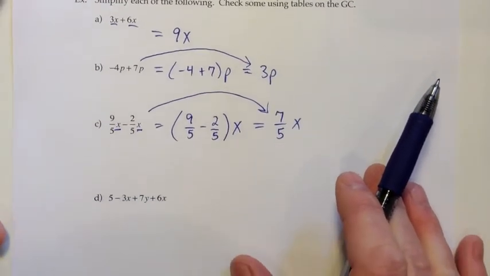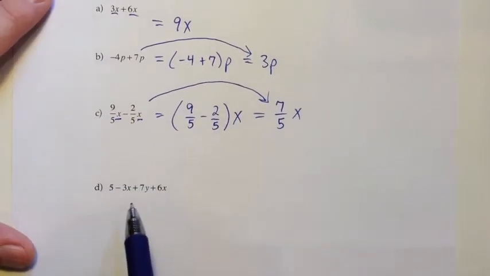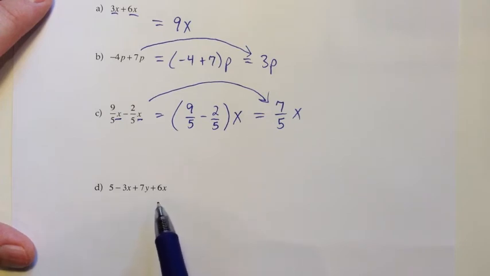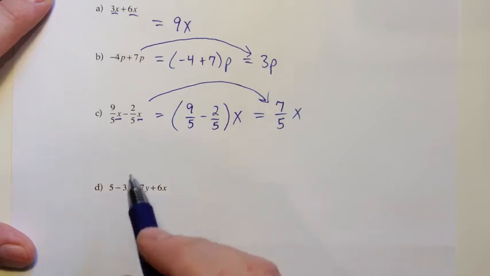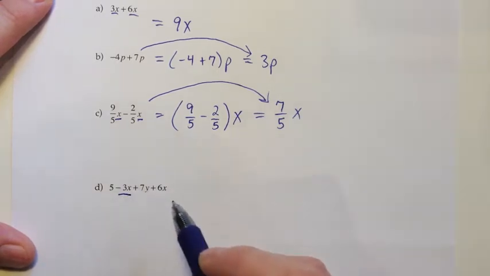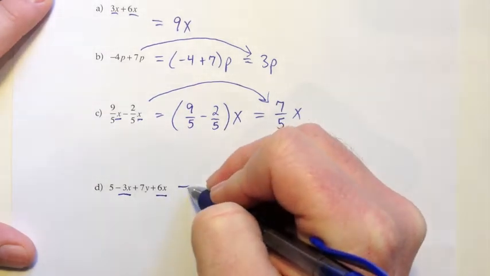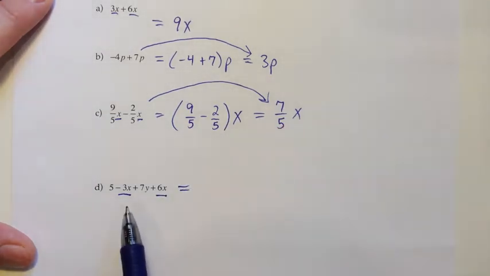All right, one last example down here. If we have multiple variables, what I usually will do is process through this in an alphabetical fashion, looking for like terms. So I look at the x term and say, do I have a like term with that? Yes, here's another like term over here. So I want to go ahead and combine those together. And the key thing here is what is the coefficient on this term.